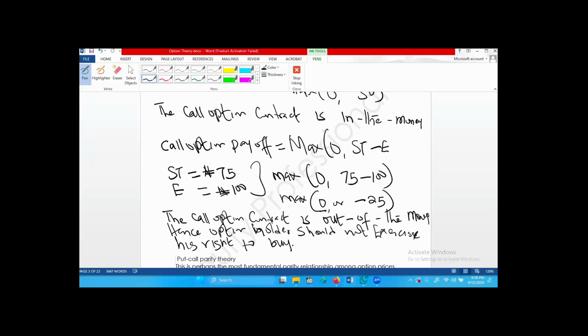This illustration is on rights to buy. Any question, please?